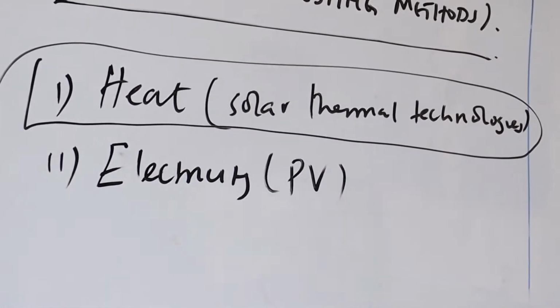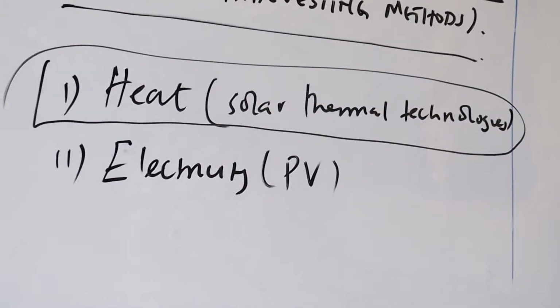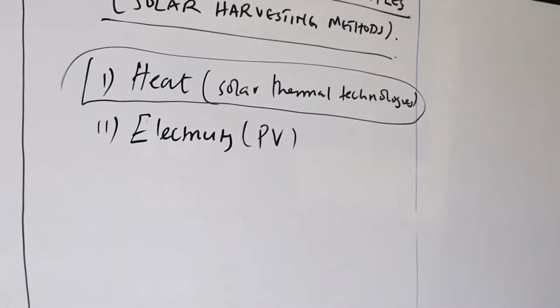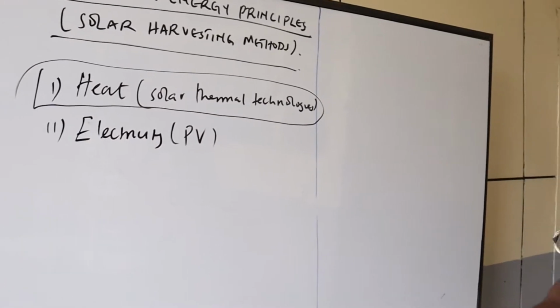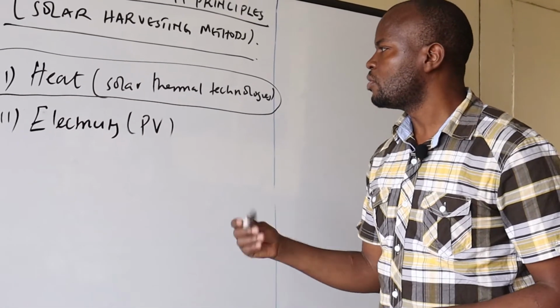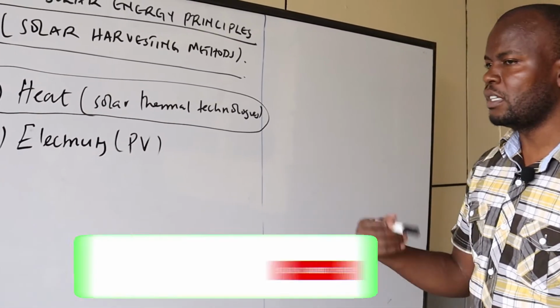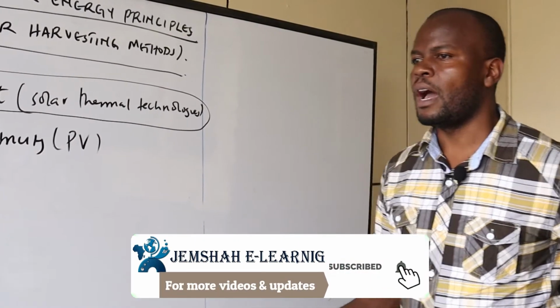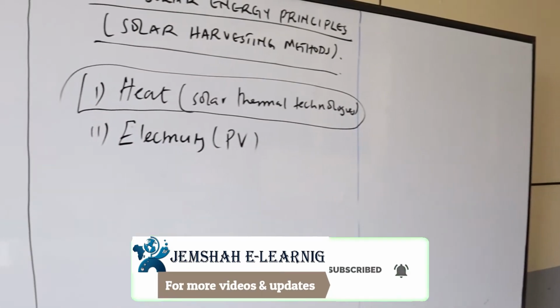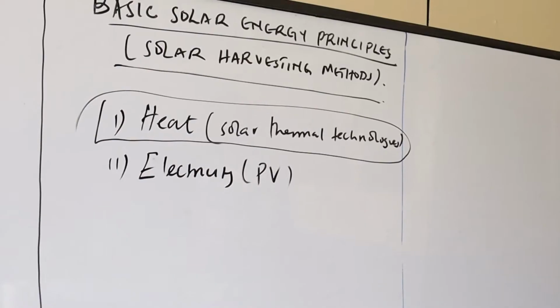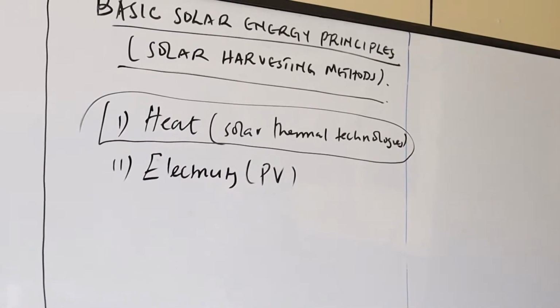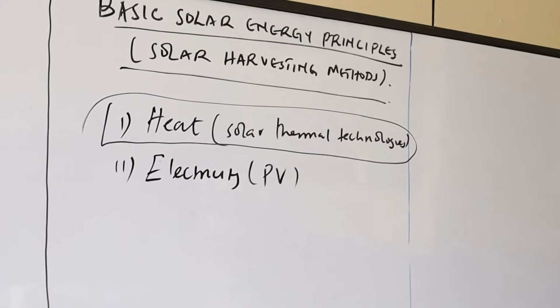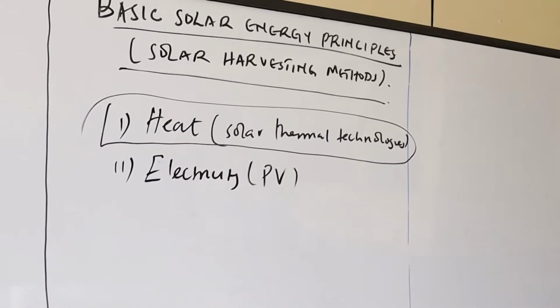And this reminds us of what we talked about in our earlier discussion as far as solar radiation is concerned. We did say that the solar radiation usually comes in three categories.